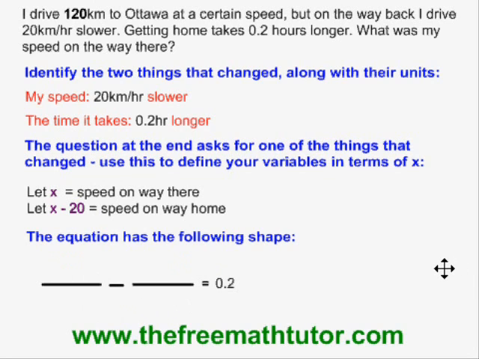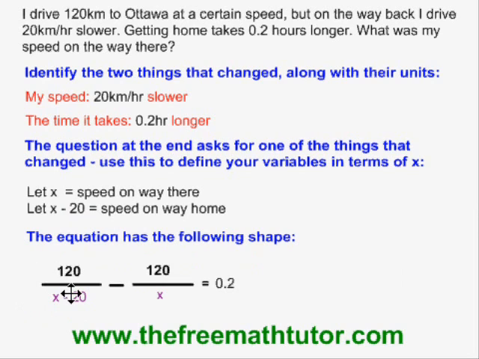Distance divided by speed equals time. So if I take the distance, 120 kilometers, and put it in the numerator of both fractions, and then put the speed in the denominator of both fractions, I am converting each fraction to have the unit of time.